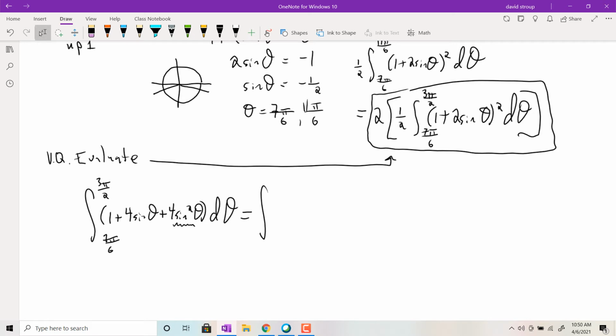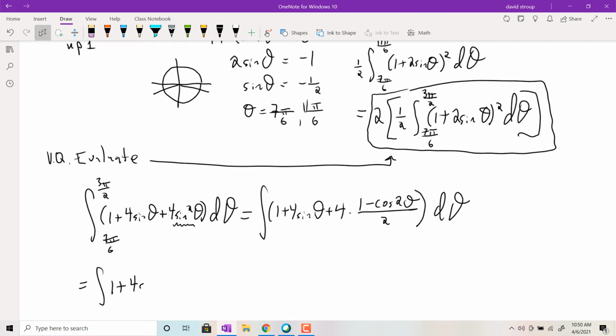So it's going to be the integral of 1 plus 4 sine theta plus 4 times 1 minus cosine of 2 theta all over 2 d theta. And then that's going to be the integral of 1 plus 4 sine theta plus, and we can rewrite this as, 2 goes into 4 2 times, and then distribute the 2 to those.